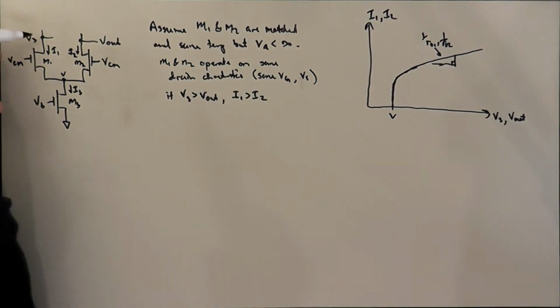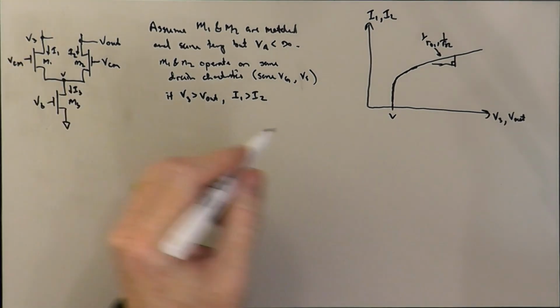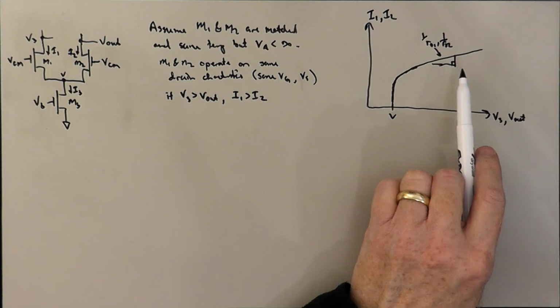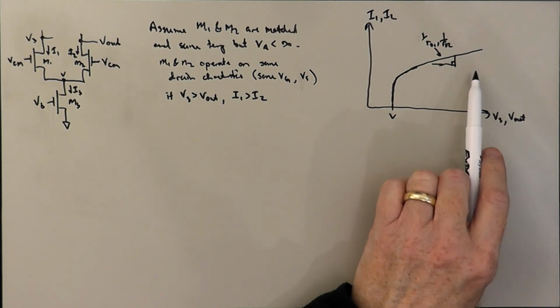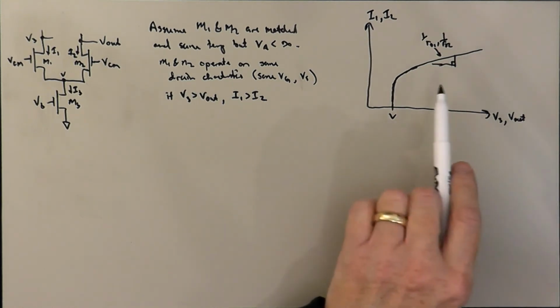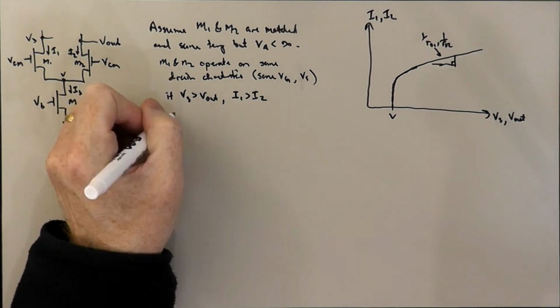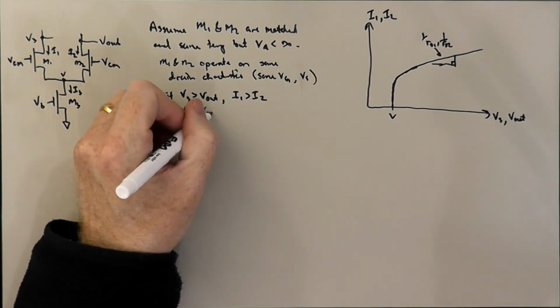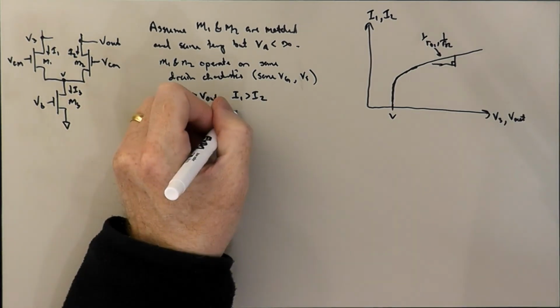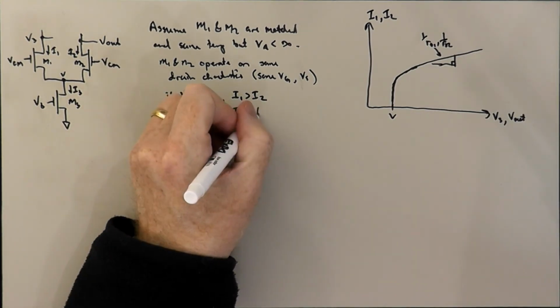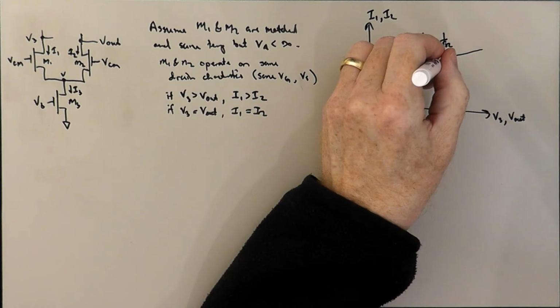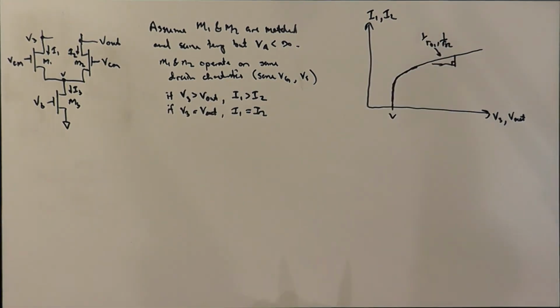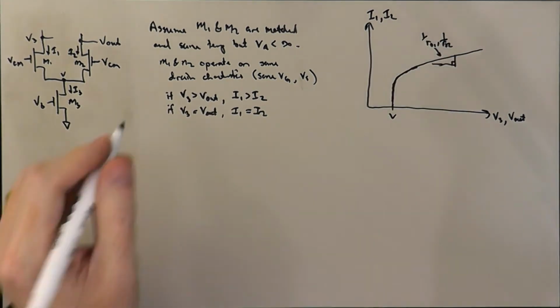Right, because we'd have more voltage across M1 than we have across M2, and so M1 would be operating further into saturation and would have a higher current than M2. If V3 equals V out, well, that would imply that I1 is equal to I2. That's the only place where the two currents will be exactly the same given a finite early effect.